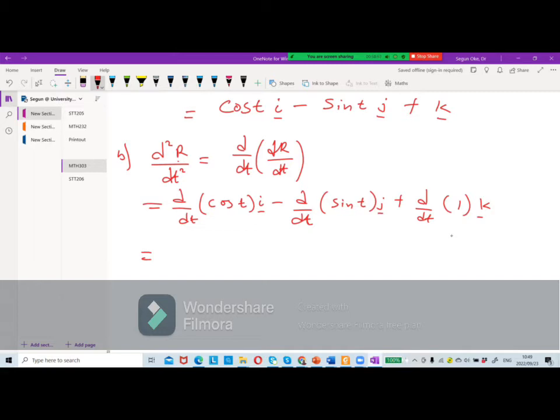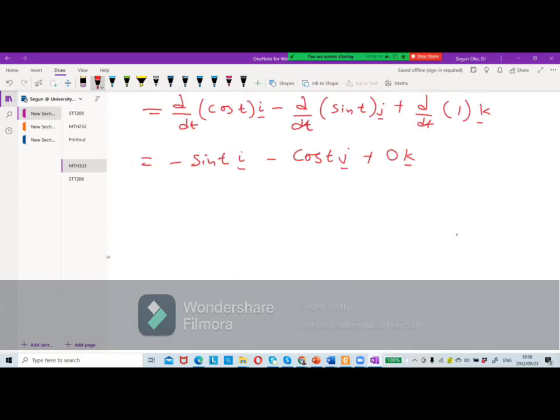When you differentiate cos t, you have minus sin t i. When you differentiate sin t, we have cos t. But when I differentiate 1, I have 0. So that settles the matter. This is the solution for B.